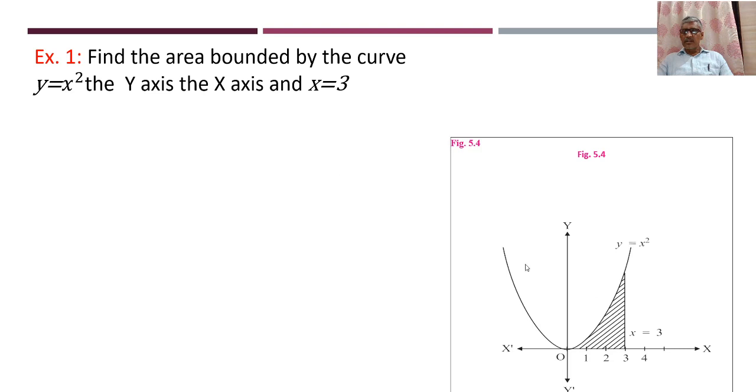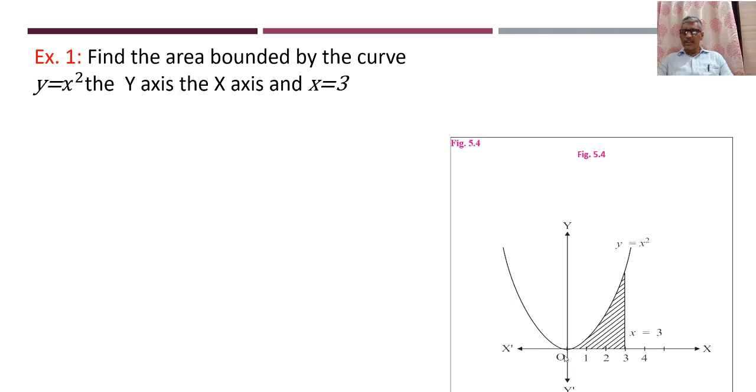This is the curve, and it is bounded by the y-axis, the x-axis, and the line x equal to 3. Then we can find this shaded region by using the fundamental theorem of integral calculus.